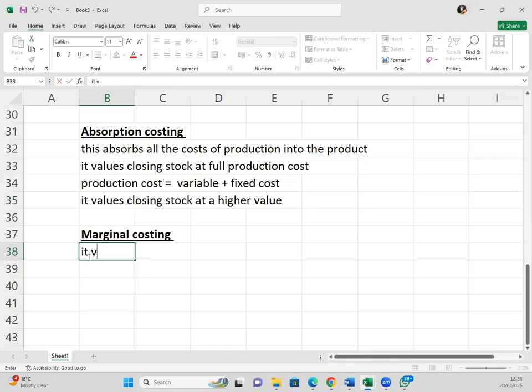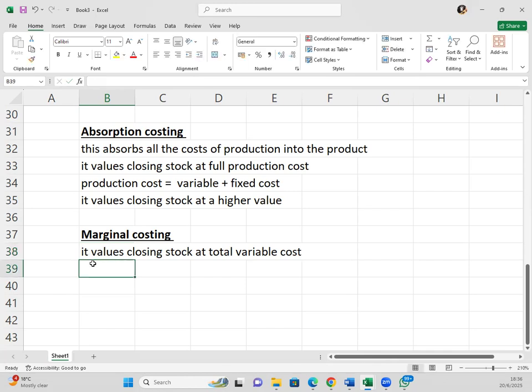So it values the closing stock not at full production cost, sorry, but at total variable cost. If it's under marginal costing, we value the closing stock at total variable cost.